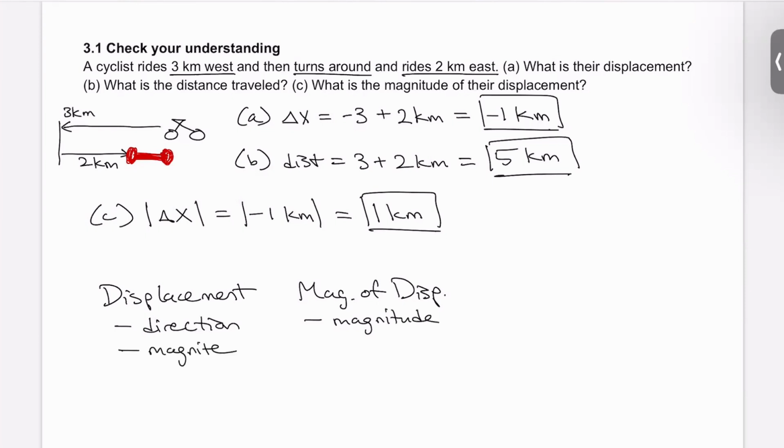We're only interested in how big is that difference between our starting location and final location. Whereas displacement is interested in both how big is that displacement and in what direction was it relative to our starting point. So hopefully all this made sense.